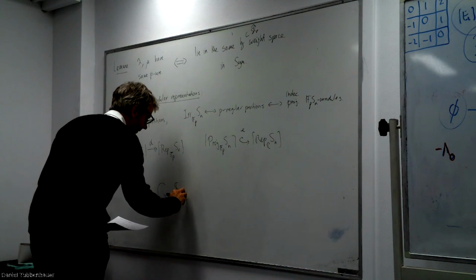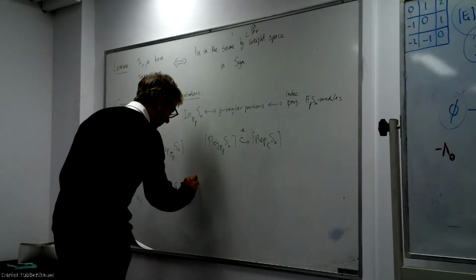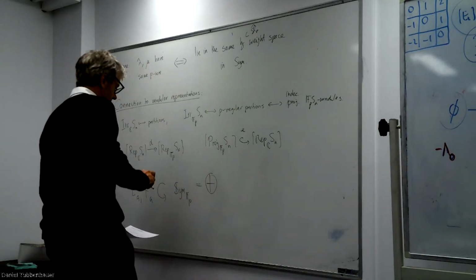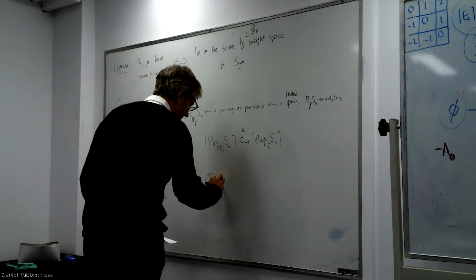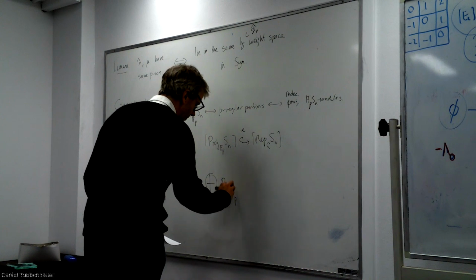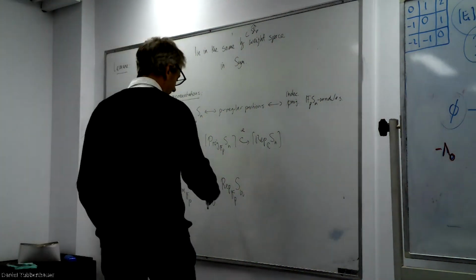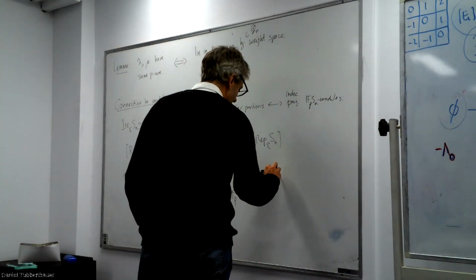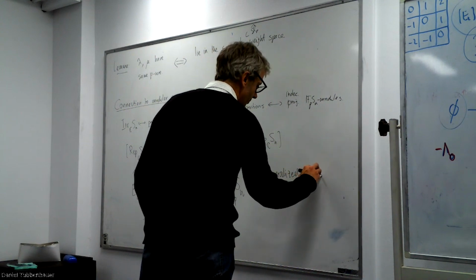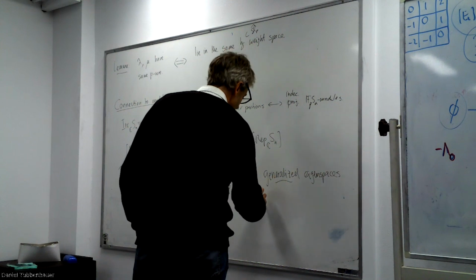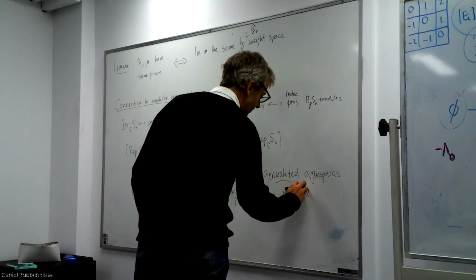So now I'm looking at F P: this is the direct sum over all n bigger than or equal to 0 of the rep F P S N. And here there's a generalized eigenspace, H1 and H1 star.